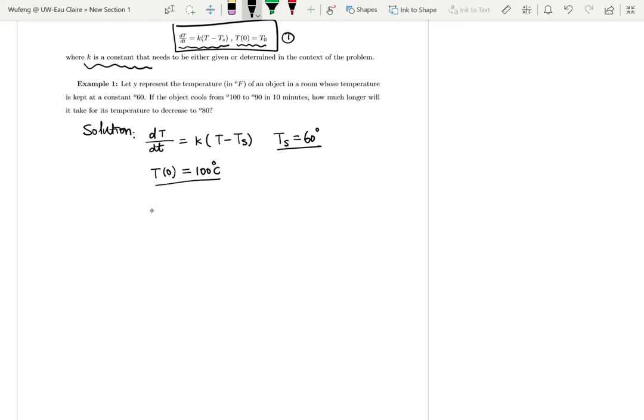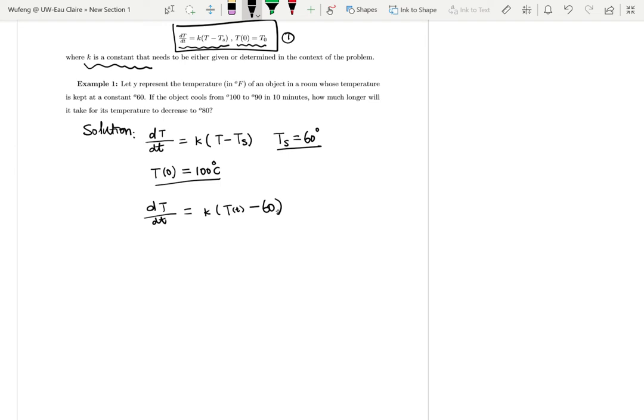We solve the equation. So you can set up dT over dt equals k times (T minus 60), where T is the temperature as a function of time t.